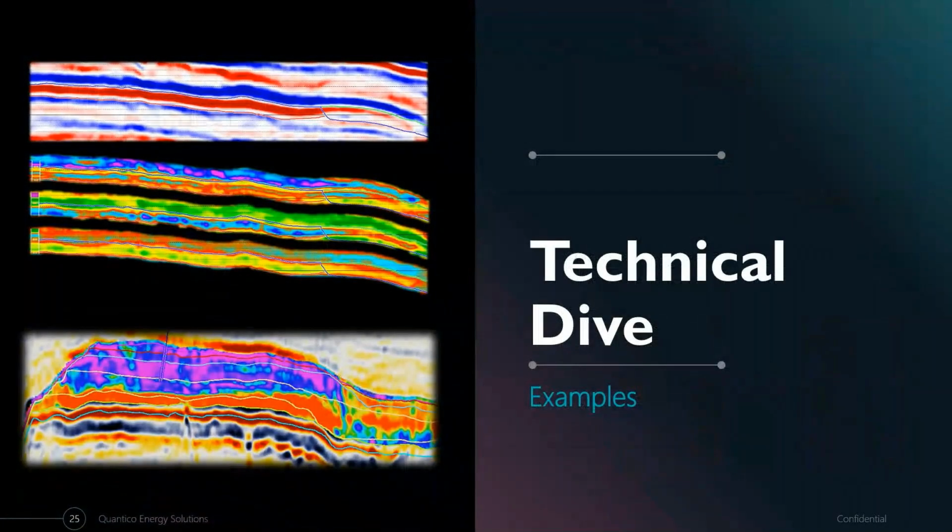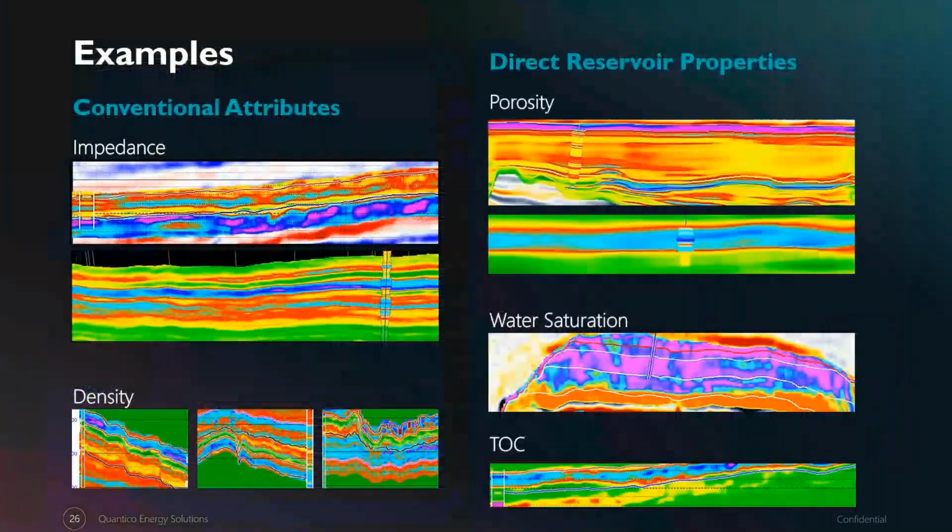And then I'll show some generic examples from some of the projects we did. We can generate conventional attributes like impedance or density from seismic data. And one thing I would like to point out is this is again a blind well, and you can see how thin layers we resolve with our machine learning method.